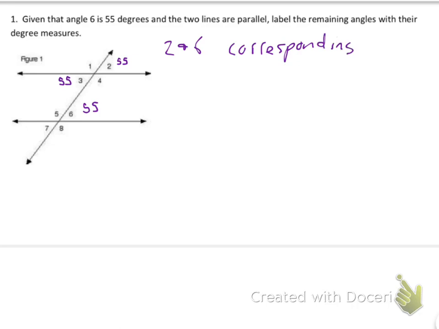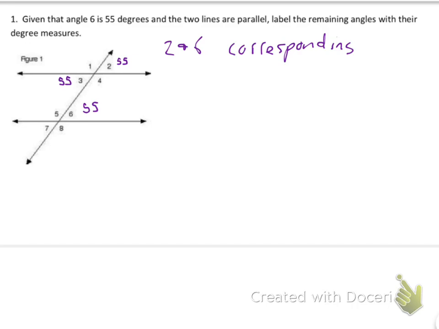Corresponding angles are the angles that if I cut out angle 2, I could pick it up and drop it onto 6 right here, and it would be the exact same angle. So 2 and 6, 1 and 5, 3 and 7, 4 and 8 are all what we would call corresponding angles. We should have put that on the last slide.